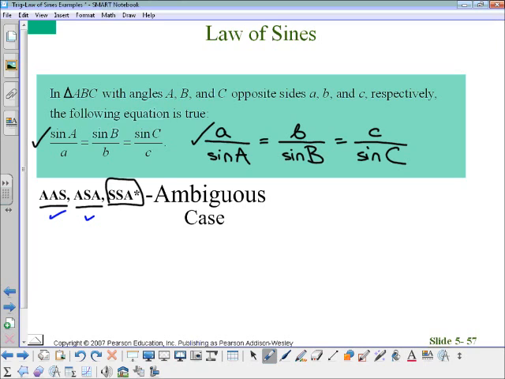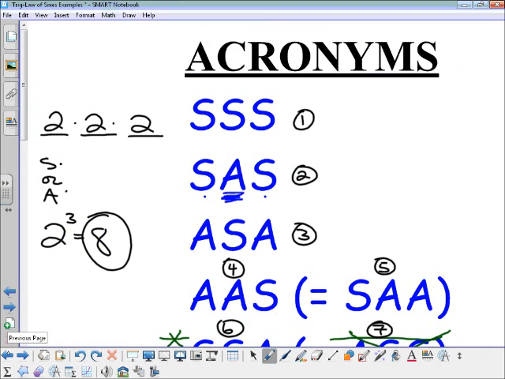Angle, angle, side, angle, side, angle. Now, a lot of people might look at this and go, oh my God, I have to memorize when to use what. Well, I actually did this in this order for a reason. If you remember the first two, side, side, side, and side, angle, side, you're going to use these for two things.